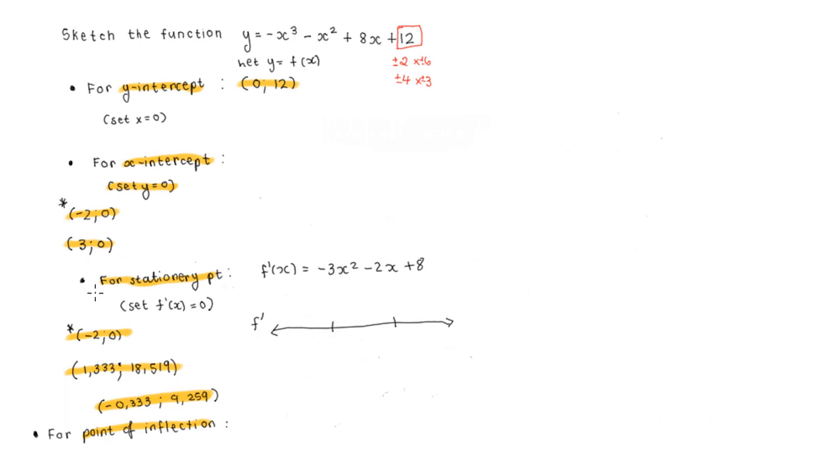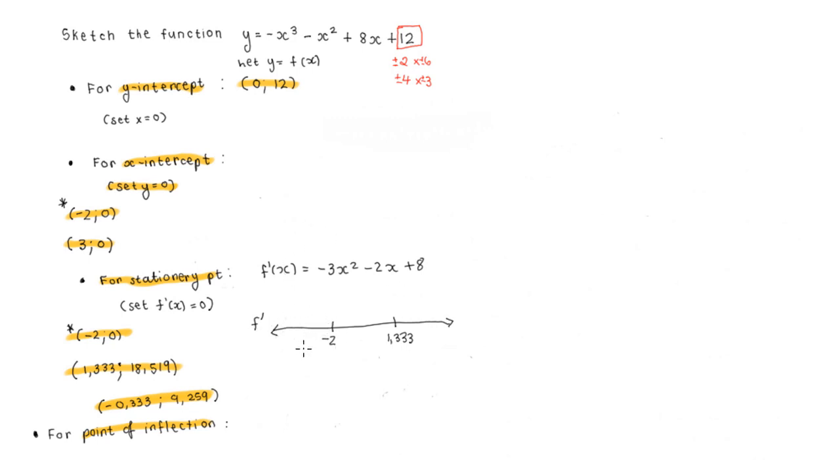Well, the critical points are the x values of your stationary points. And we know that we have a stationary point at -2, and we also have a stationary point at 1.3 recurring. And then we just need to get ourselves test values within each interval.